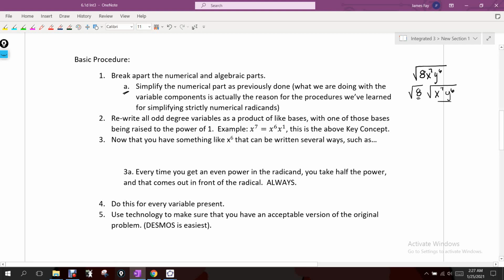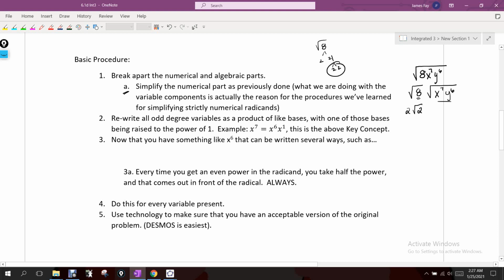In this process, 8 goes down to 2 and 4, and then the 4 goes down to 2 and 2. So there's a group of 2's that can come out front, and then I have a radical 2.